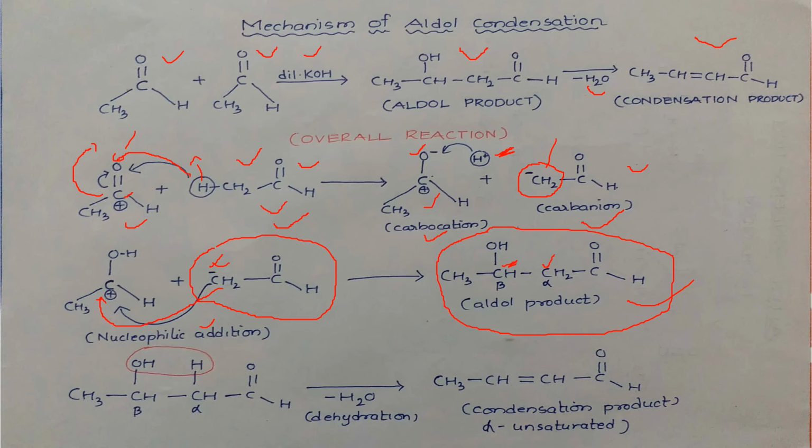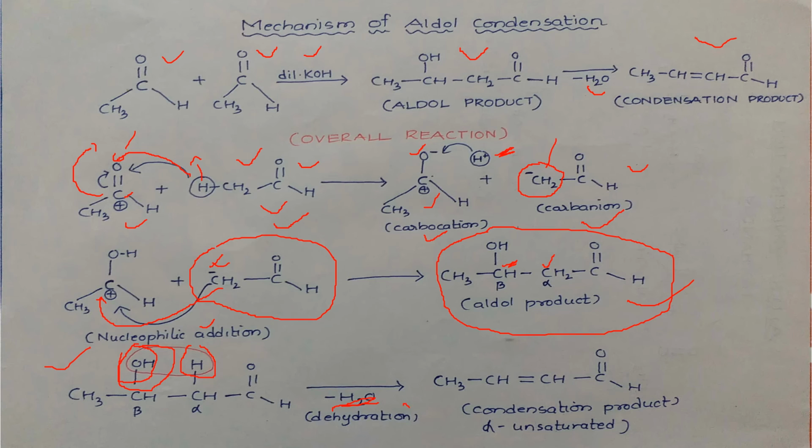And what next happens? Just see here. When you get an aldol product, now this is the aldol product produced. See, beta hydroxy aldehyde, right? Now the hydroxy group from the beta carbon and the hydrogen from the alpha carbon are eliminated as a water molecule.